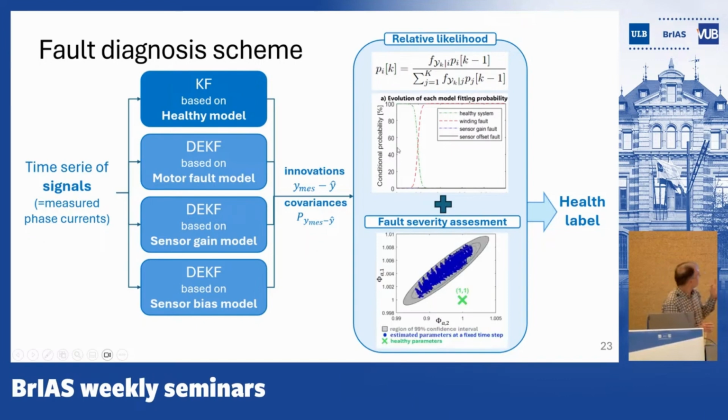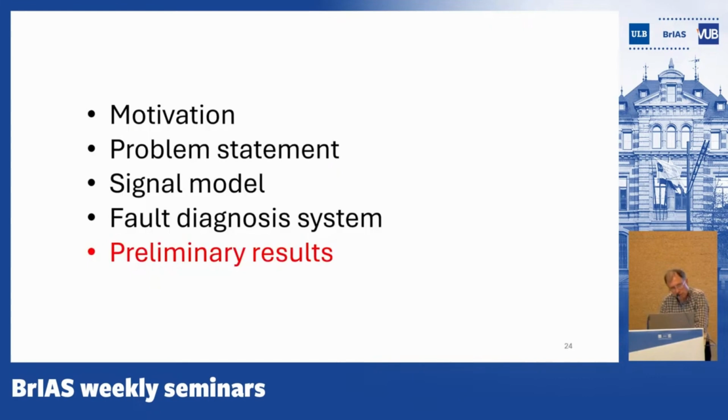And we can check from the parameter estimates, including the surrounding confidence interval, that these parameter estimates do not include the healthy situation. So we can confirm indeed that in this example, we have a winding fault. So that's the principle of the fault diagnosis system we are looking at for the moment.